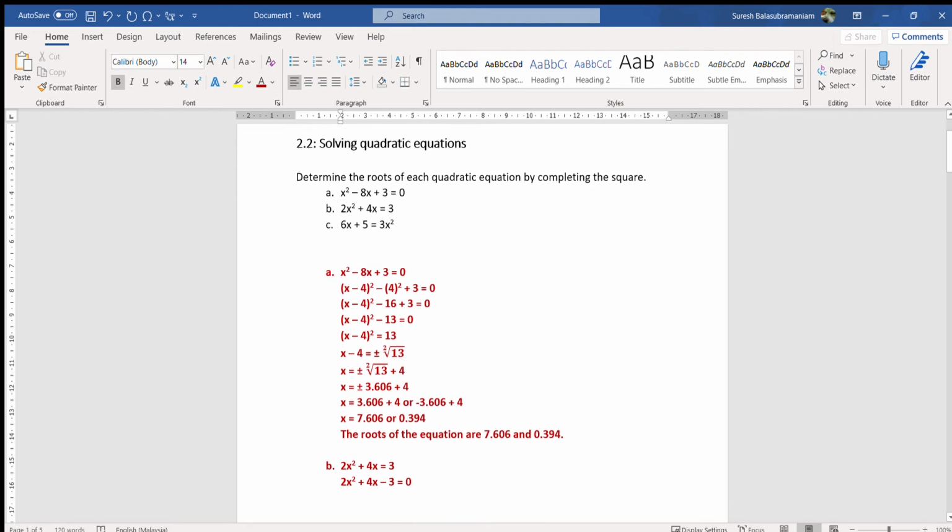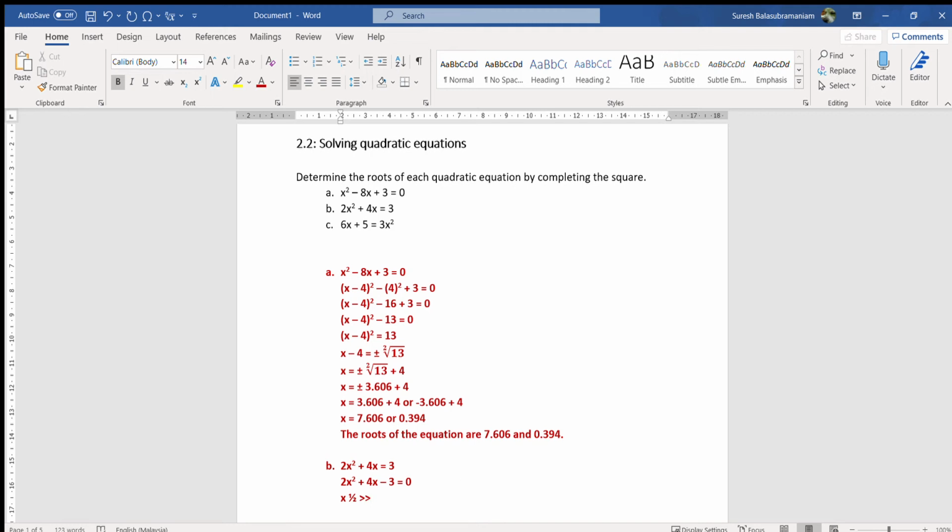Now I'll do the completing the square. To do the completing the square, your a, the number in front of x squared, should be 1, but in this case our a is 2, so I need to divide this equation by 2. So I'll multiply with 1 over 2.